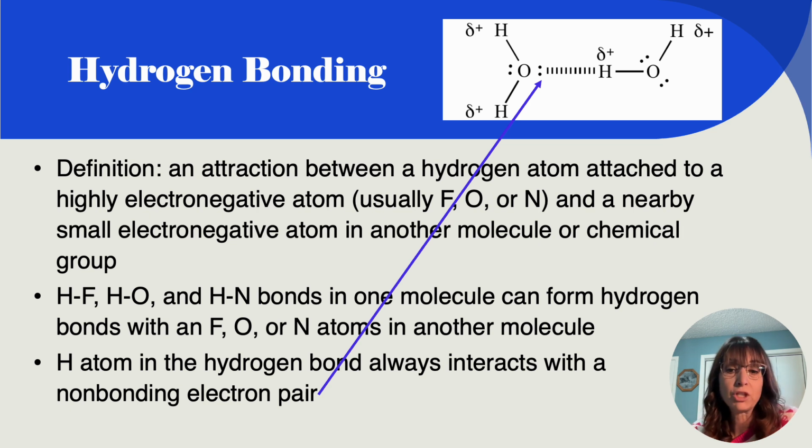Now, these are special dipole-dipole attractions because, again, you have a region of positive and negative that's always there. If you think about H and F, the H is positive, the F is obviously negative, and the F is pulling all those electrons toward it, leaving basically a bare hydrogen nucleus, and it is very positive.